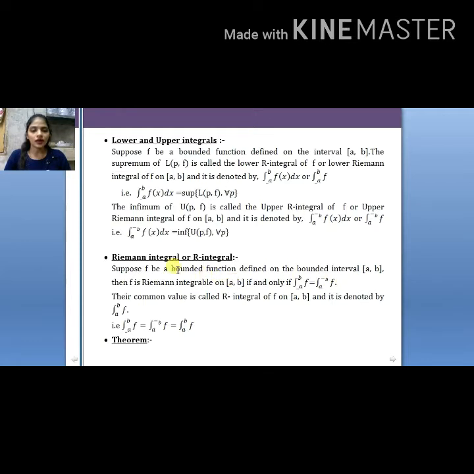Then we call f Riemann integrable. Their common value is called the R integral of f on the closed interval [a, b], and it is denoted by the integral from a to b of f. That is, the integral from a-bar to b of f is equal to the integral from a to b-bar of f, which is equal to the integral from a to b of f. That is, the upper integral is equal to the lower integral. Then we see that f is Riemann integrable.